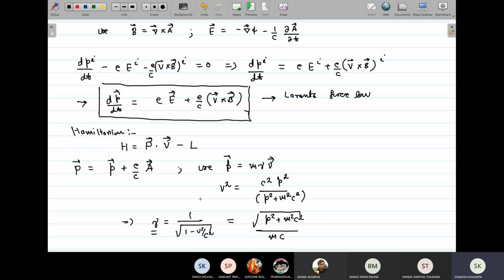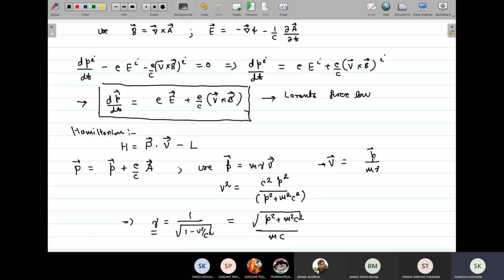So now your job is done. Use this relation to express vector V. Vector V is what? p divided by M gamma. Now you know gamma in terms of p, substitute here. That means you have converted V in terms of small p.